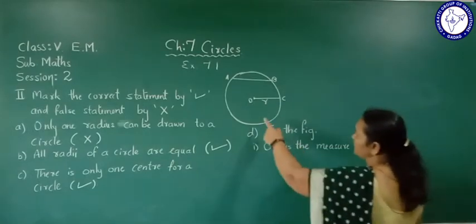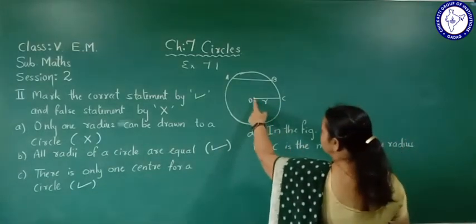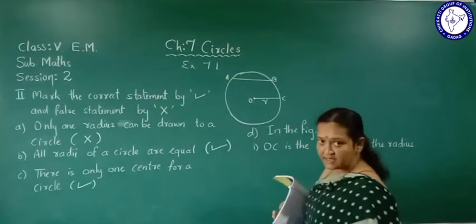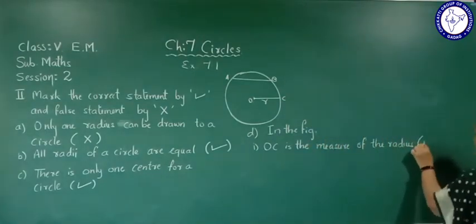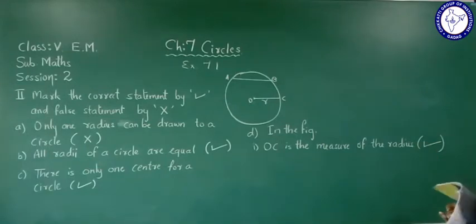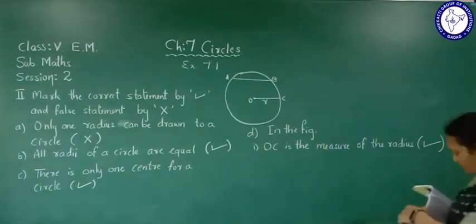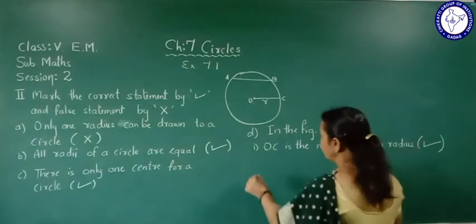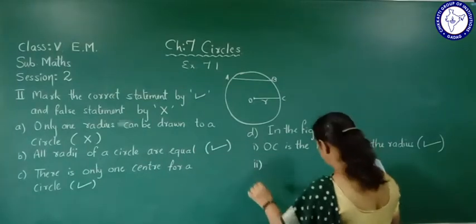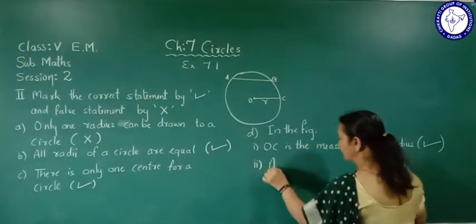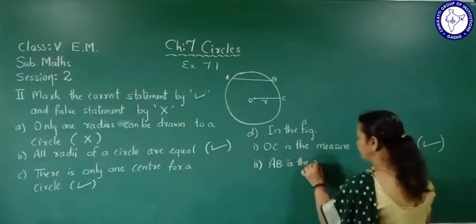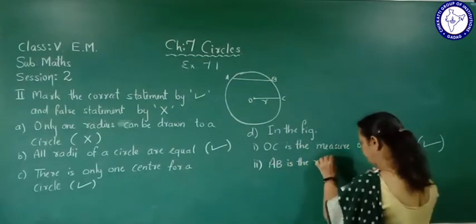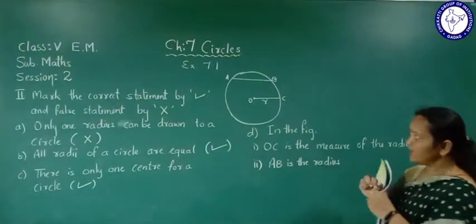Here in the figure, yes, OC, O is center of the circle, C on the circle, therefore OC is radius of the circle. So this statement is true. Then let me go to next one. Here in second question, AB is the radius. Check AB.